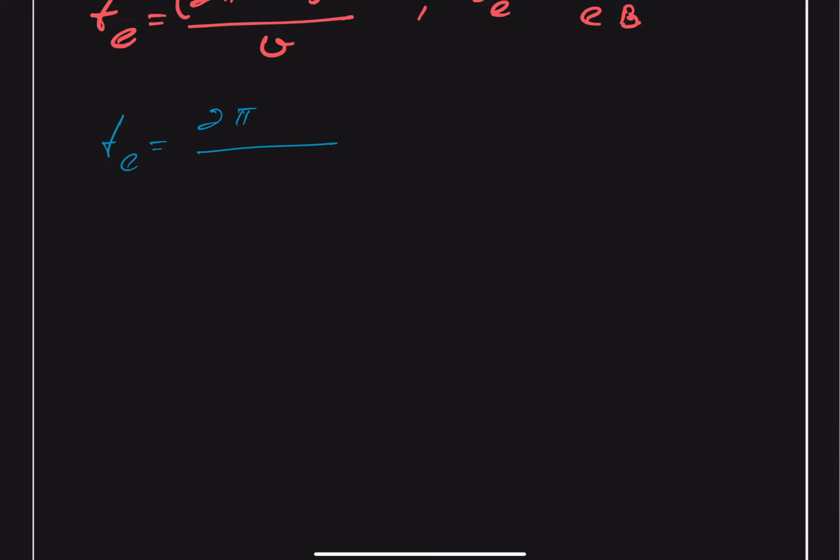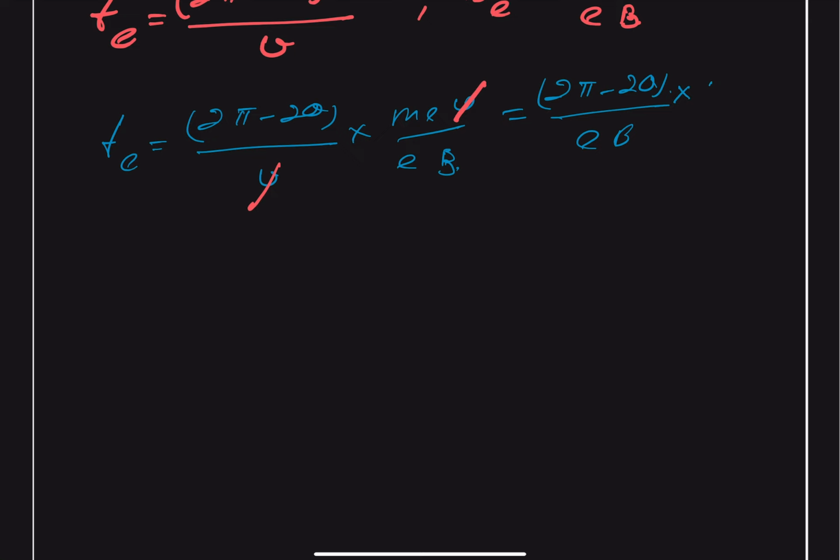Therefore, the time for the electron is (2 pi minus 2 theta) multiplied by m_e v divided by e B, and v cancels with v, giving (2 pi minus 2 theta) multiplied by the mass of the electron divided by e B.